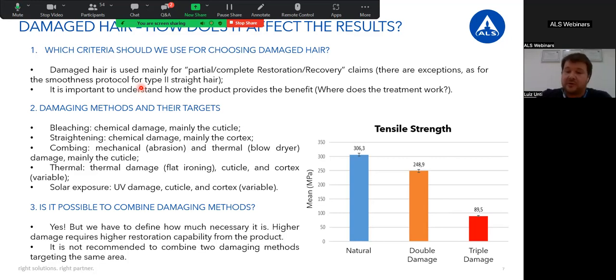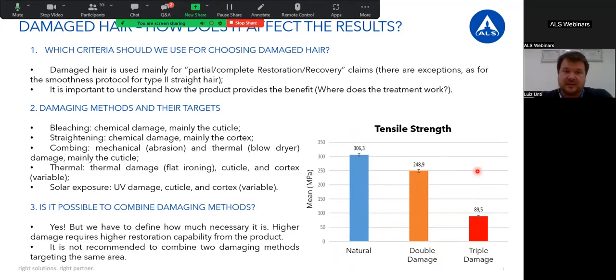So again, we brought you an example for tensile strain, where we measured natural hair here, and after some double damage, for which we used bleaching and combing. So we combined two damage methods that focus on both cuticle and also the cortex due to the blow dryer. But after that, we did some triple damage. We bleached the hair two times, and after that, we combed for 8,000 cycles.